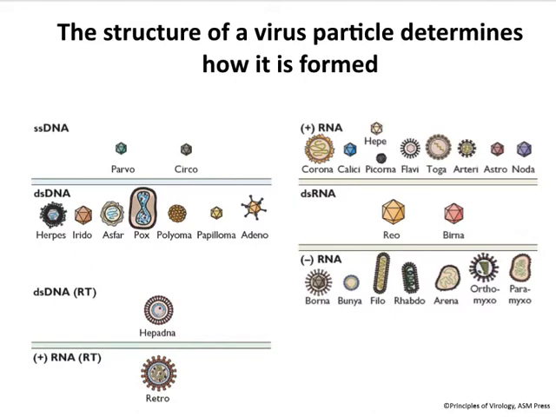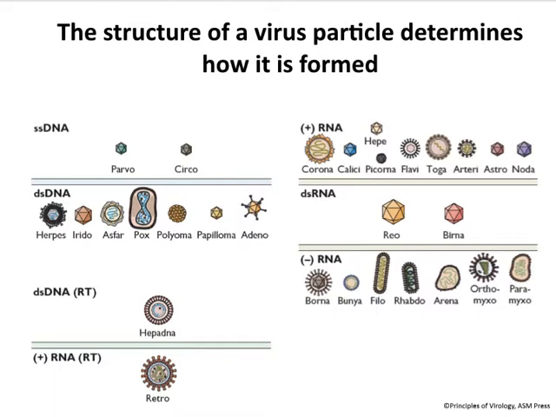And so far, we've looked at lots of different kinds of viruses in this course. Naked icosahedra. We've looked at enveloped icosahedra. We have looked at enveloped viruses that have a helical genome inside. And all of these, you could actually predict how they're going to be formed.